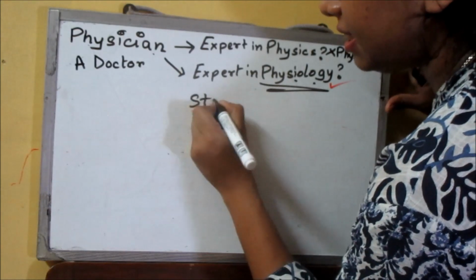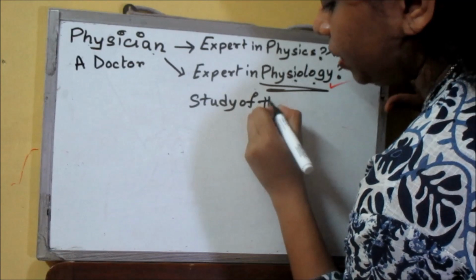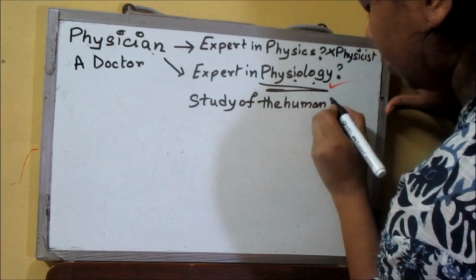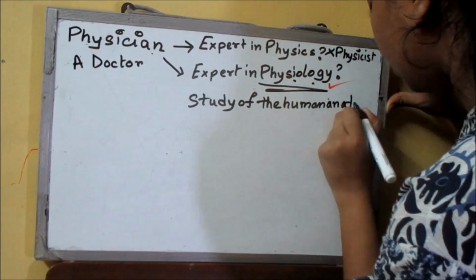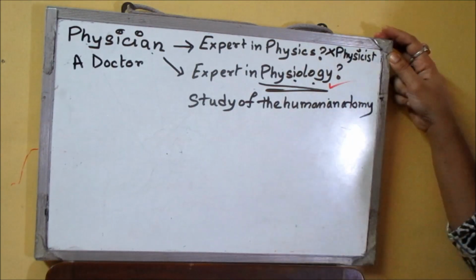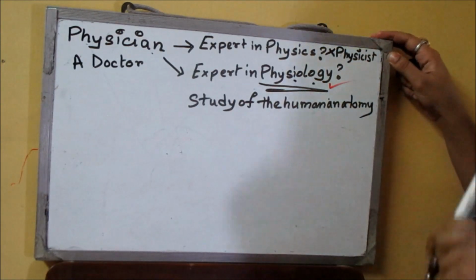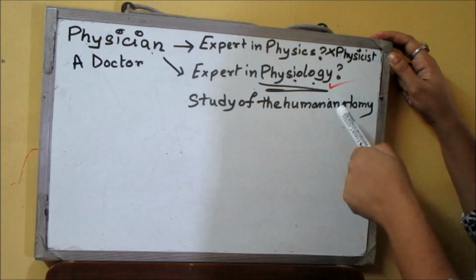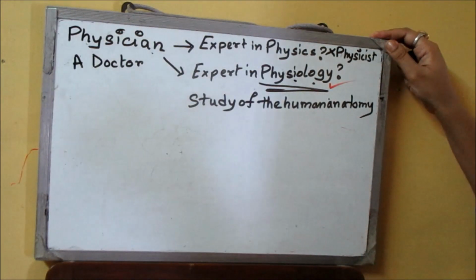Physiology is the study of the human body. So physiology is basically a study of the human body or the human anatomy. Okay? So a physician is an expert of the human anatomy. A doctor is also called a physician, right?